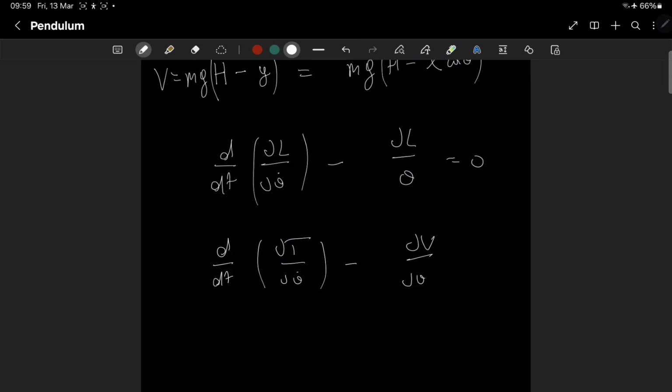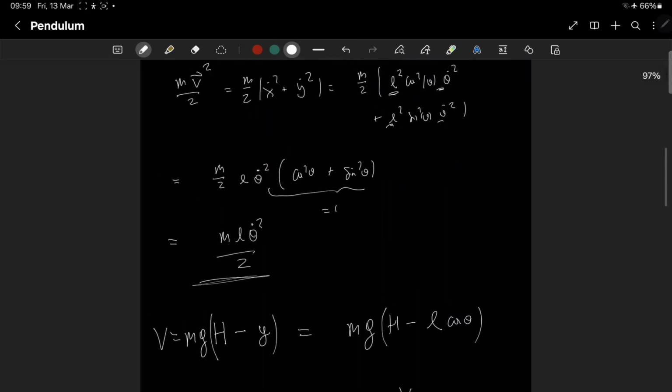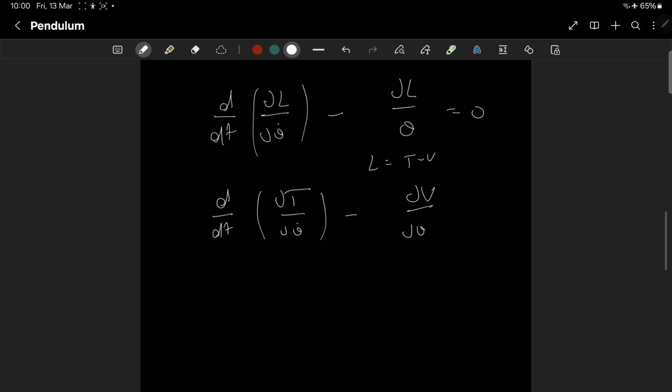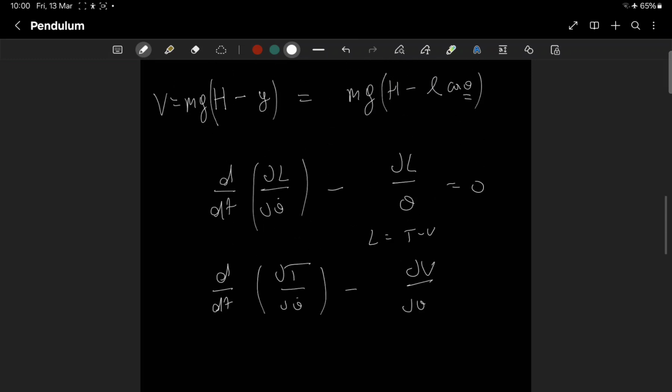The reason for that is that L is equal to T minus V, and we already calculated that T is only a function of theta dot and V is only a function of theta, right? So we don't need to consider dV by d theta dot and dT by d theta.